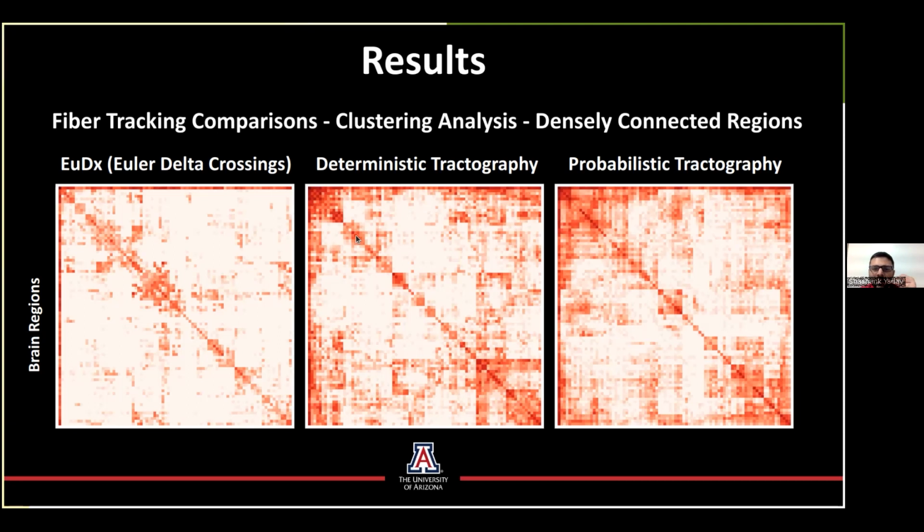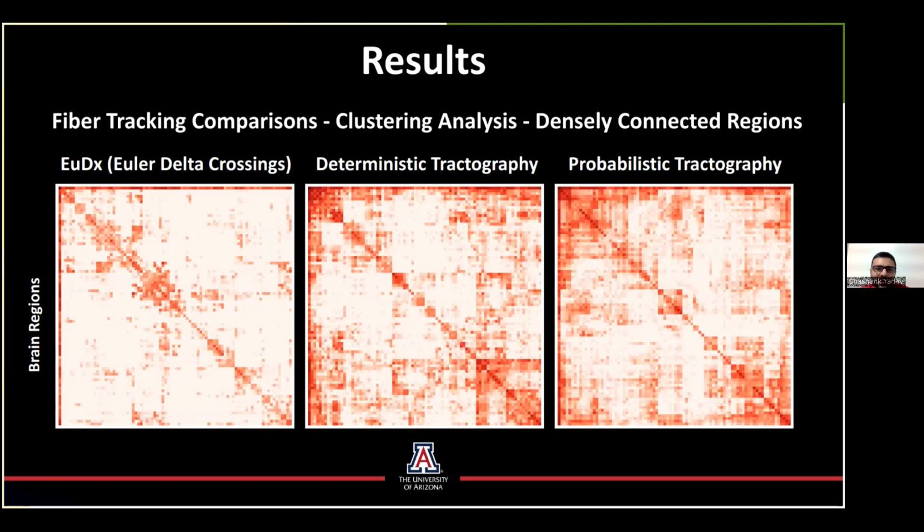So that validates the point that different tractography algorithms will give you different kinds of connectivity, and based on that you will get different types of densely connected regions. This is just one example of how we can use the connectivity information to get a deeper understanding of the connectivity with DTI.